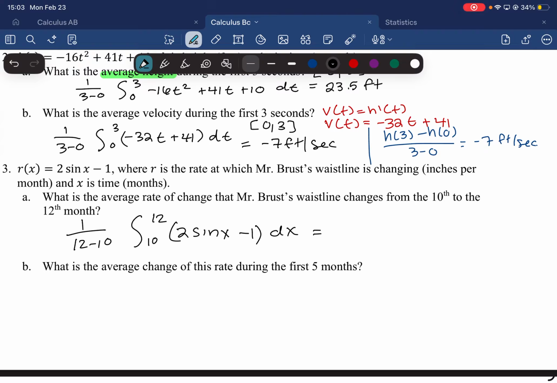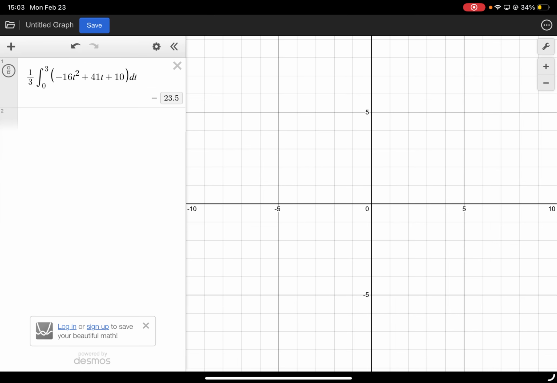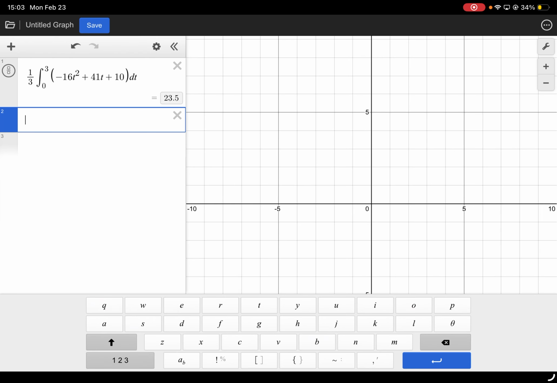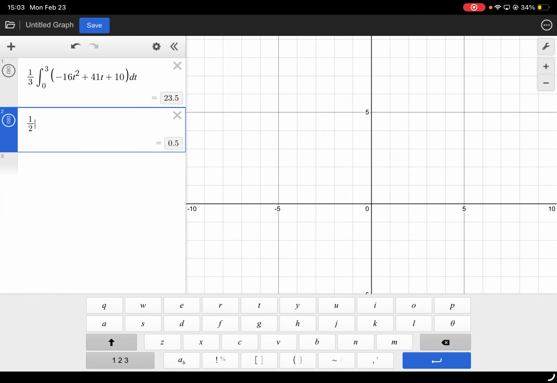To check that, you would click on the little wrench on the top right. I'll go ahead and show you guys. Click on this wrench on the top right here. Make sure radians is shaded. Then of course you would go over here, and since I'm here, I'll just type it out. 1 over 12 minus 10 is 1/2, so 1 divided by 2.